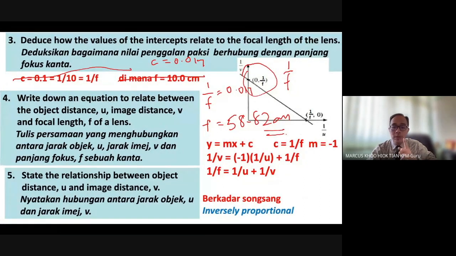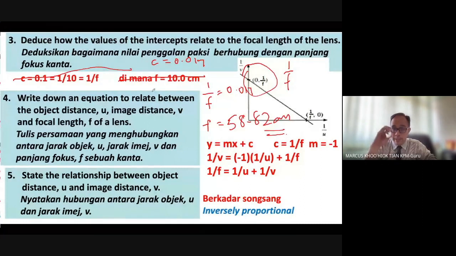But the most important thing that we need to take away from this is that when we draw a graph of 1 over v against 1 over u, the y-intercept represents 1 over the focal length. So we can find the focal length from the graph of the lens by using the y-intercept.